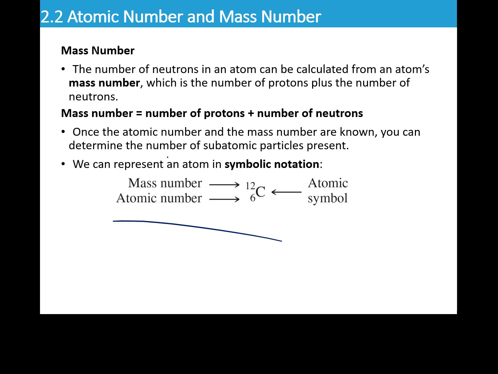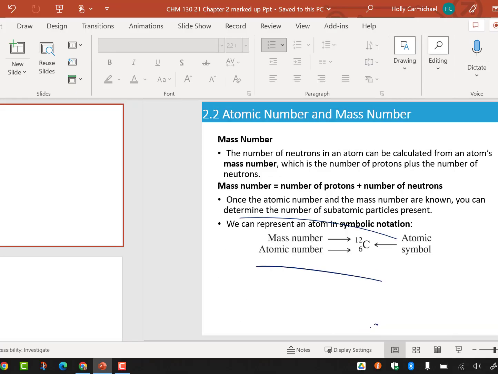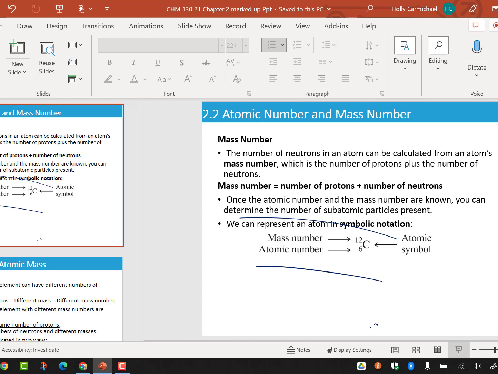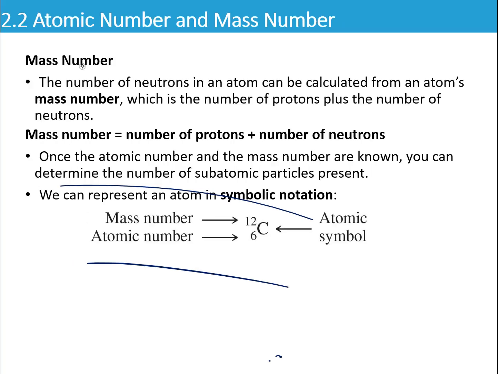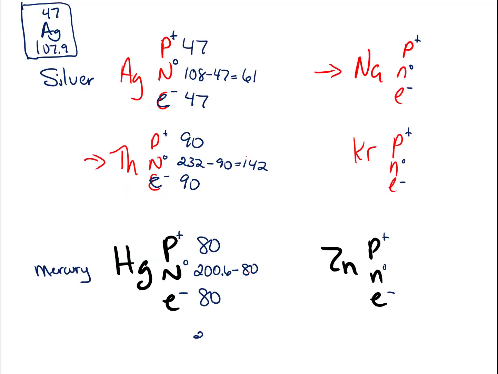Okay, so 201 minus 80 is 121. It's 121 neutrons. Just subtract atomic mass minus atomic number.